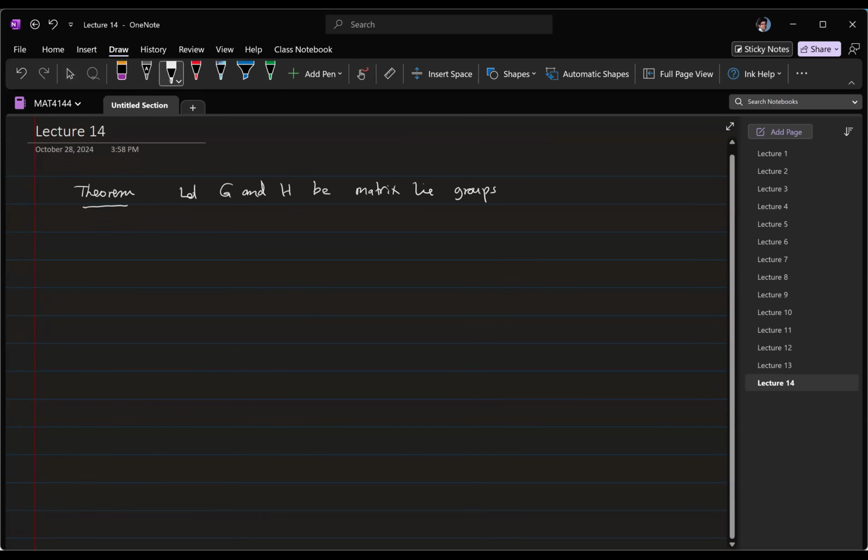I mean, we said it for matrix Lie groups, but really everything can be modified, so this is a true statement about all Lie groups. Okay. So with Lie algebras, the corresponding Lie algebras are 𝔤 and 𝔥. So let now phi from 𝔤 to 𝔥 be a Lie algebra homomorphism.